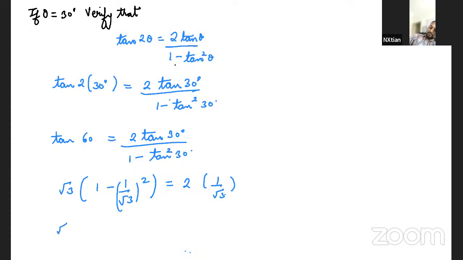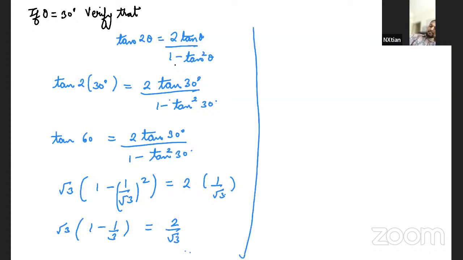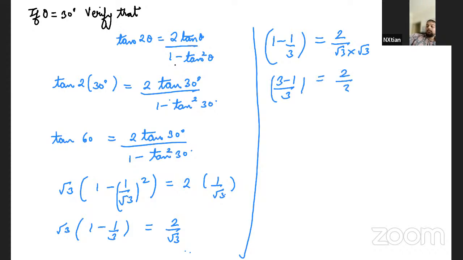So it becomes root 3 into 1 minus 1 upon 3 is equals to 2 by root 3. It becomes 3 minus 1 upon 3 is equals to 2 upon 3. So 2 upon 3 is equals to.